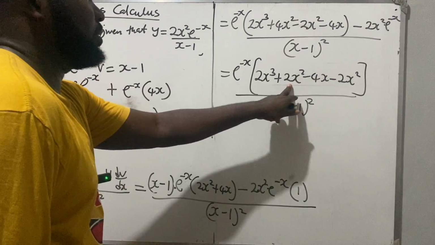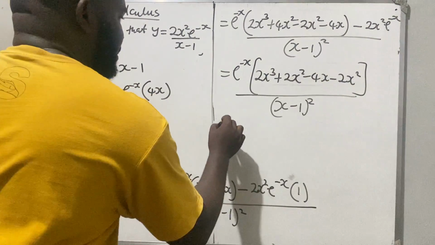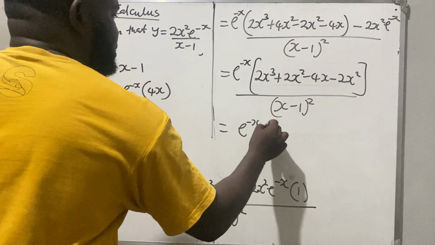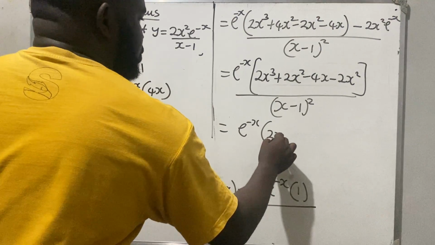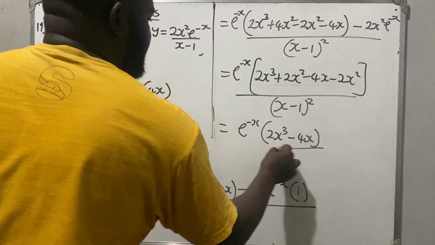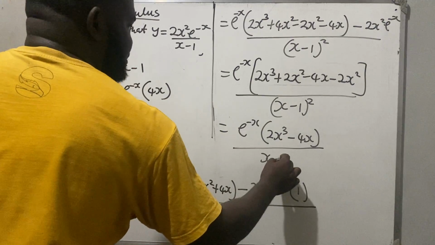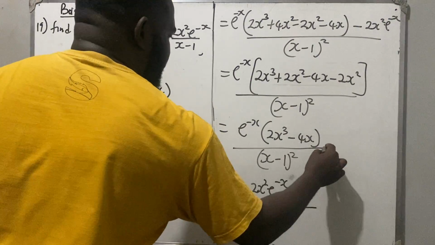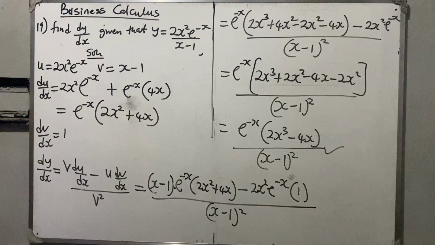You see that this and this is gone. So I am left with exponential minus x in bracket of 2x cubed minus 4x like this. Then everybody over x minus 1 all squared. And that is the final answer here. As simple as that. So I'm going to pause the video to write the next question, then we solve it.